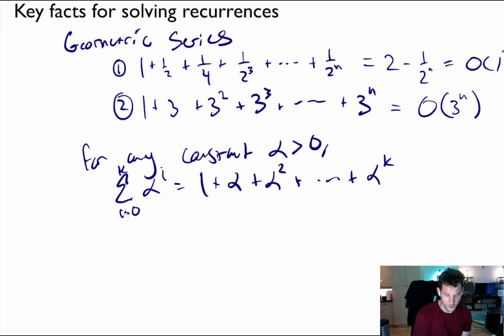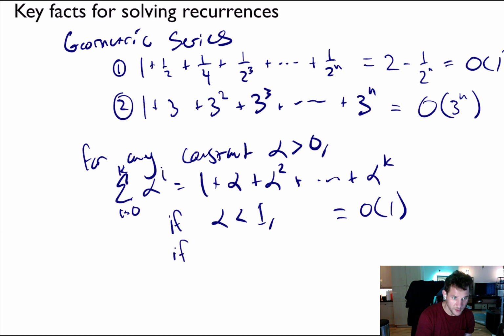What does this equal? If alpha is less than 1, then the first term dominates, like we saw above, and that means the whole thing is on the order of 1.